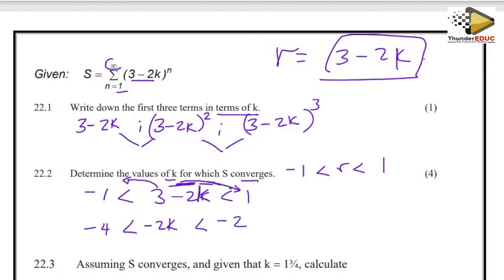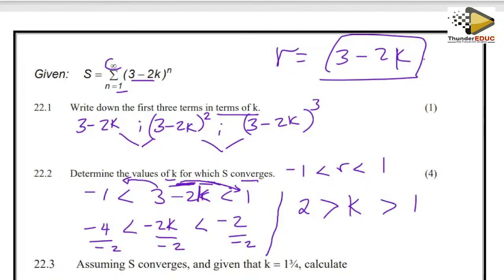And then we need to get rid of this -2. We divide through by -2. Whenever we divide inequalities by a negative, the signs change. So this is going to be +2 is greater than k is greater than 1.